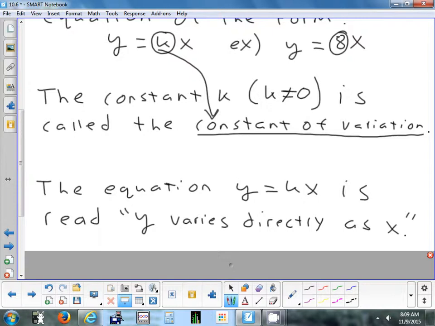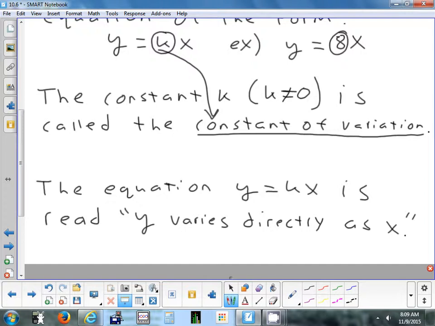So when we write an equation for direct variation, you might see these directions. You might even see something like this on the test. It says y varies directly as x. I know it sounds kind of weird the way you read that, but that's how our book pronounces that.